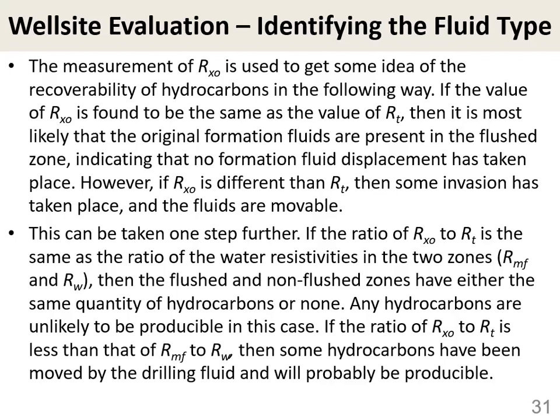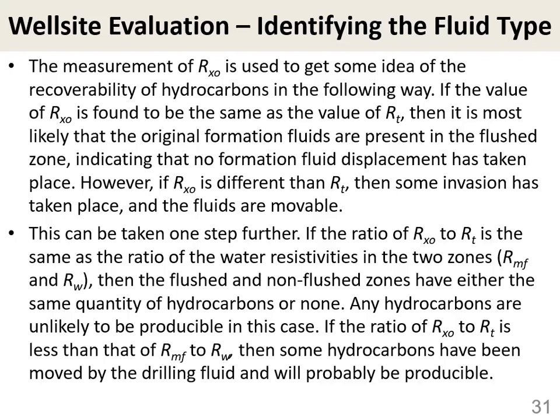This can be taken a further step by considering the ratio of the flush zone resistivity to the true zone resistivity and comparing it to the ratio of the resistivity of the mud filtrate to the resistivity of the formation water.